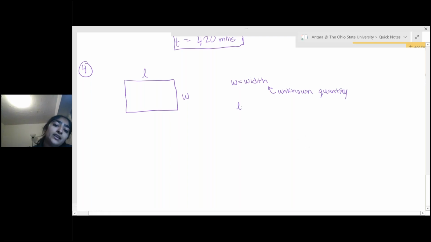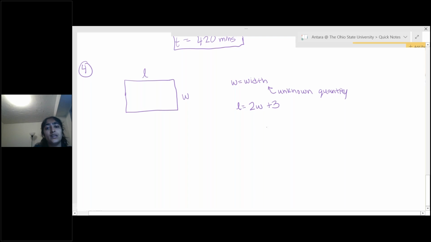But the length can be defined in terms of the width. It says it's 3 yards more than twice its width. So that's going to be twice the width plus 3 yards. 3 yards more than twice its width is the length.